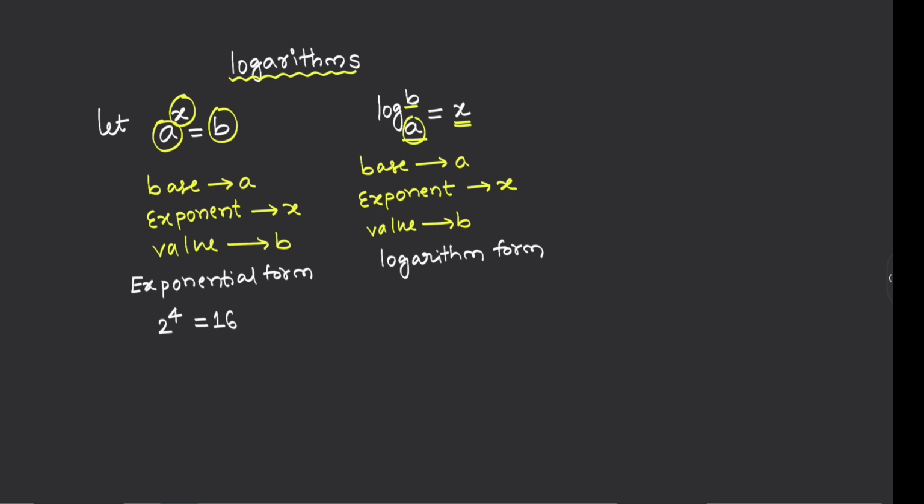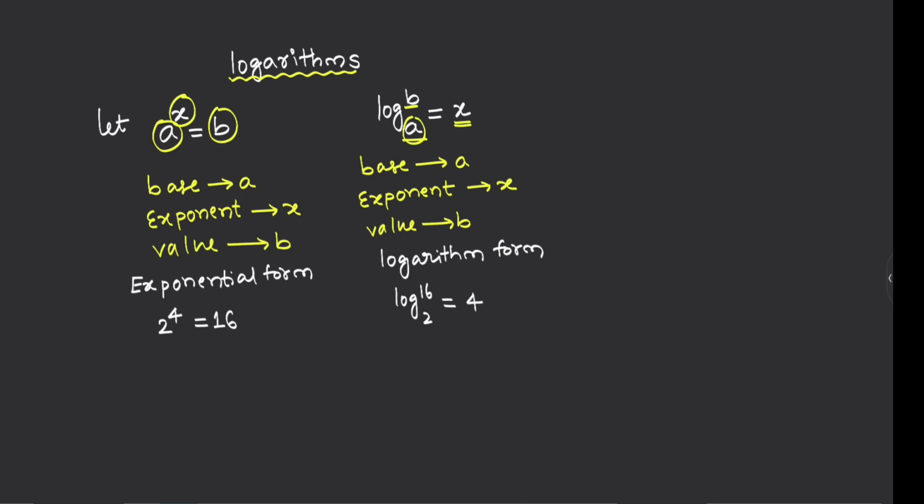When 2 is raised 4 times, the result is 16. This is the exponential form. But in logarithmic form, it will be changed to log 16 to the base 2 is equal to, what is the meaning of this? How many times should 2 be raised to get 16? 4 times. This is the logarithmic form.